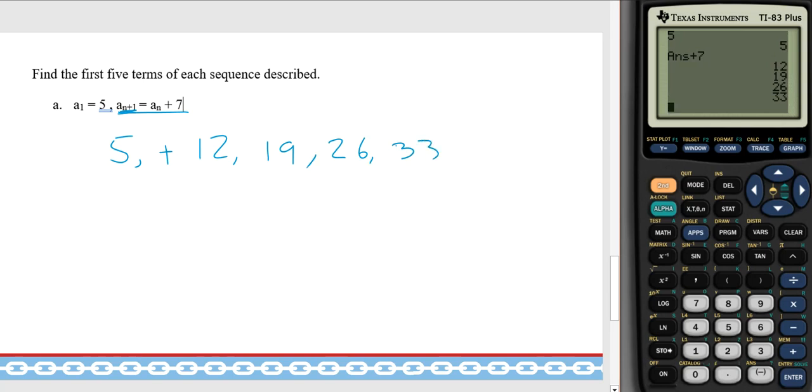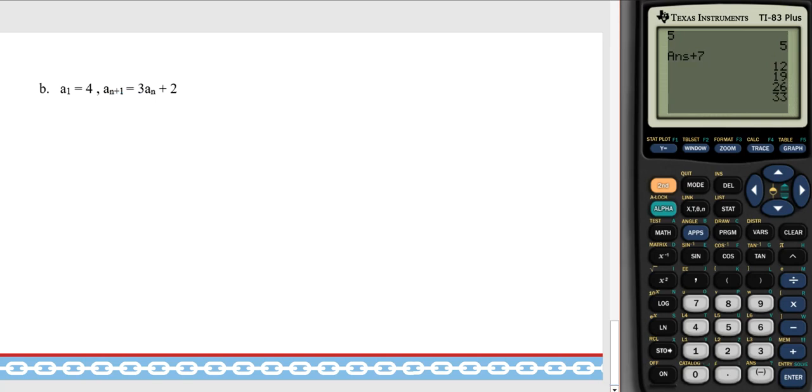Our other example for this lesson is a bit more involved. We have a first term of 4, and then our next term is found by taking the previous term, multiplying it by 3, and adding 2.